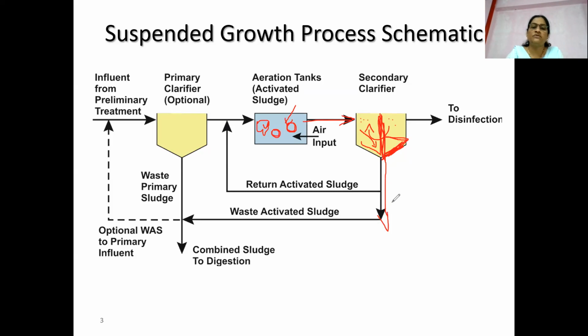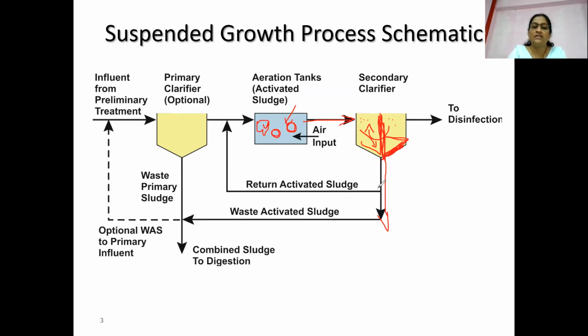This waste sludge we are supposed to treat, and then we can go for further application of it, but we are not going to talk much about that here, because we are going to study that part in chapter number 3.